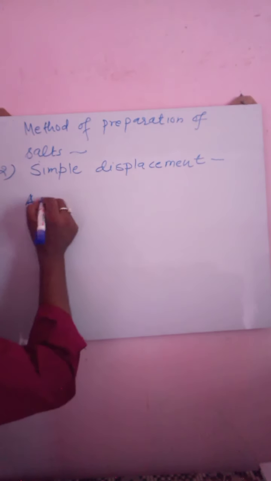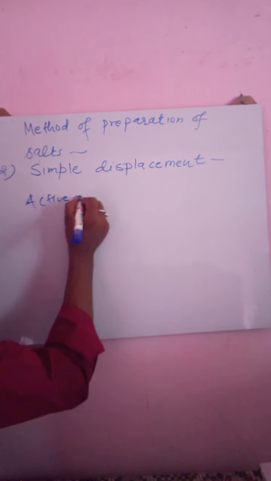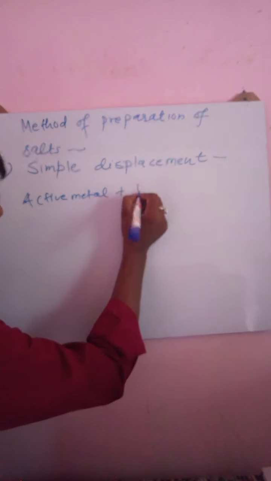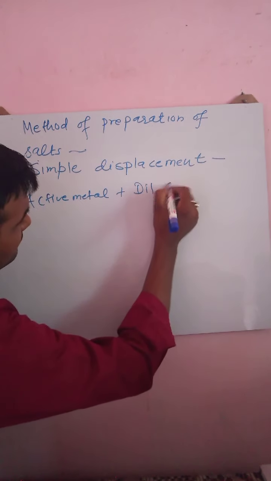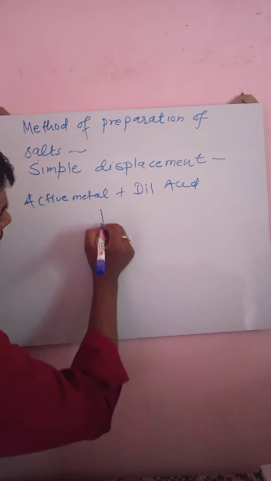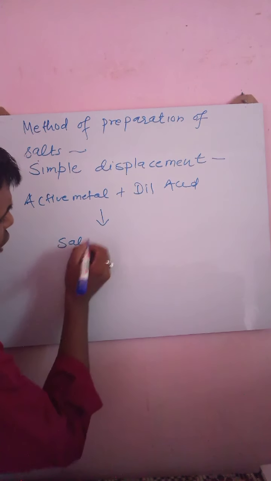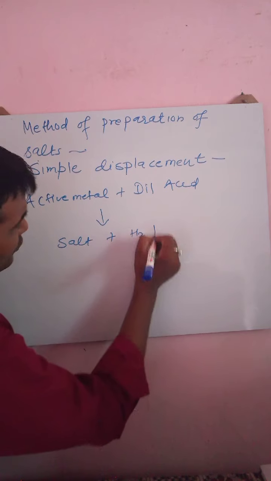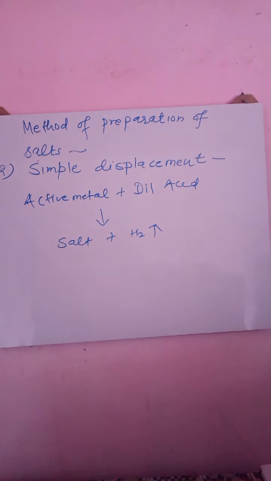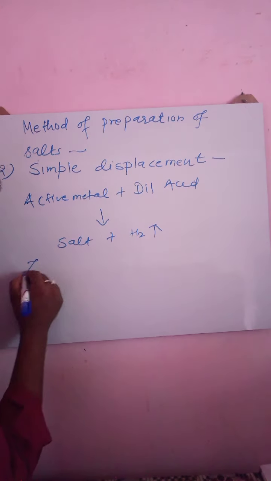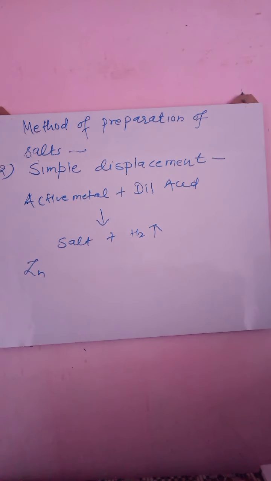So active metal plus dilute acid gives salt plus hydrogen gas. For example, zinc is a type of active metal.